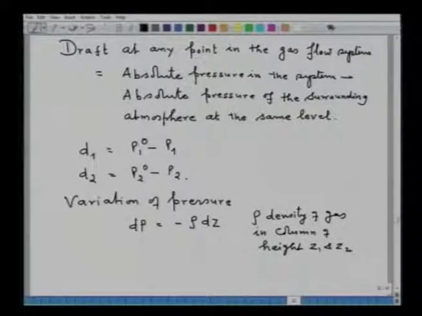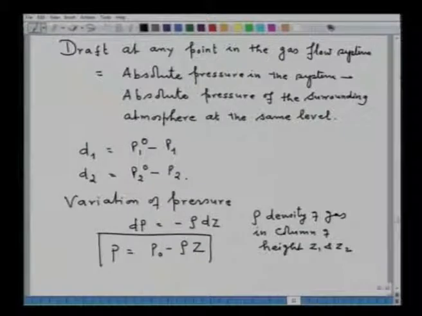With this we can say P, that is the pressure at any point, will be equal to P0 minus rho into Z. This is the equation which tells you the effect of a column of gas on the pressure.